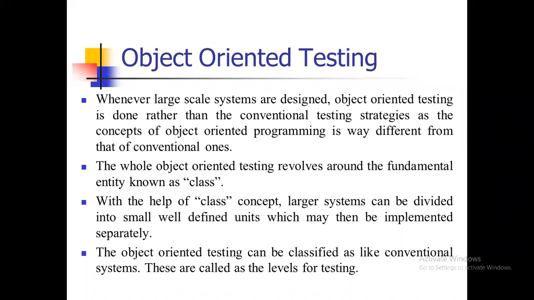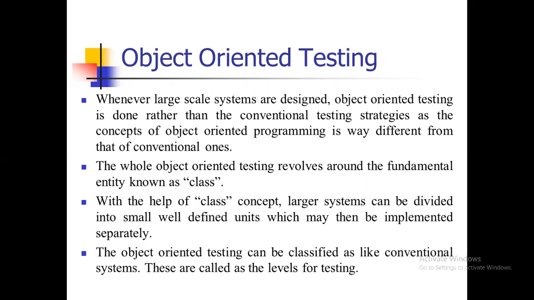That means 100% testing at the base class, and in the derived classes only 50% in the traditional approach. So whenever we create any large scale system or design, object oriented testing is done rather than conventional testing.